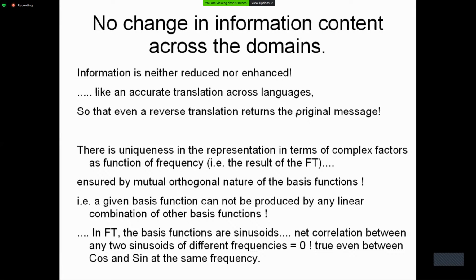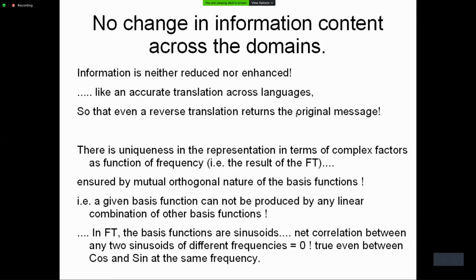Now, the uniqueness is ensured by the fact that the basis functions we use, which are the sinusoidal functions, are mutually orthogonal in nature. What does that mean? That there is no correlation of one basis function with another basis function. It also means that one basis function cannot be produced by any linear combination of all the rest of the functions.